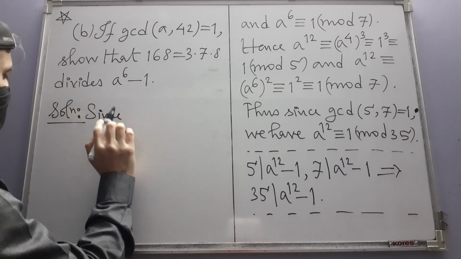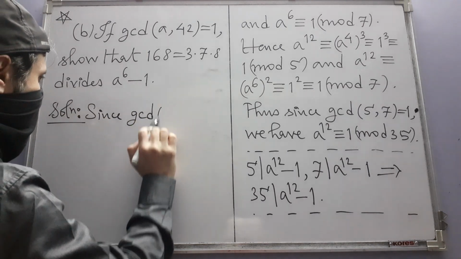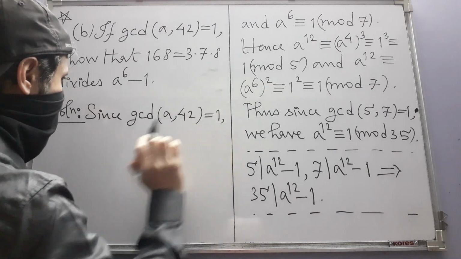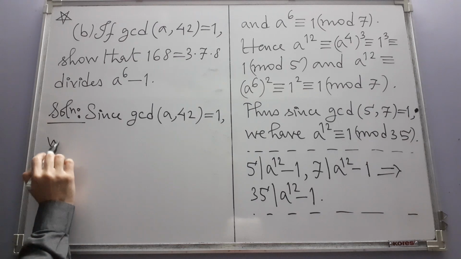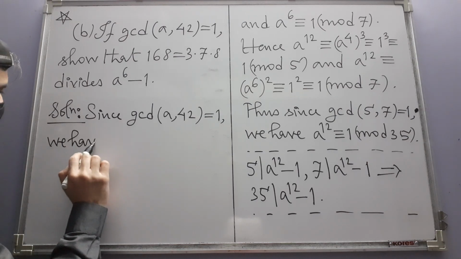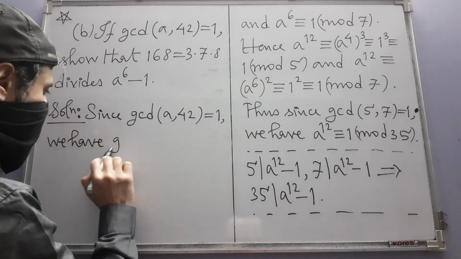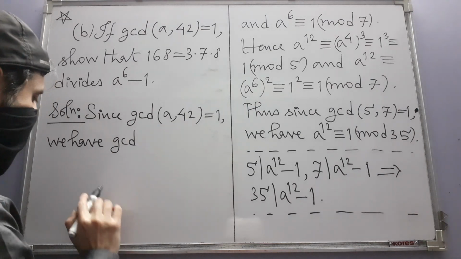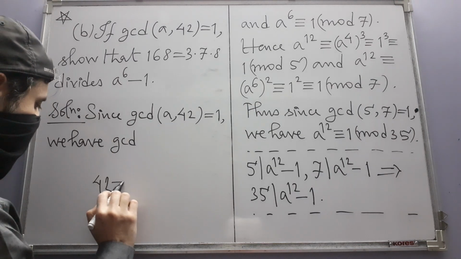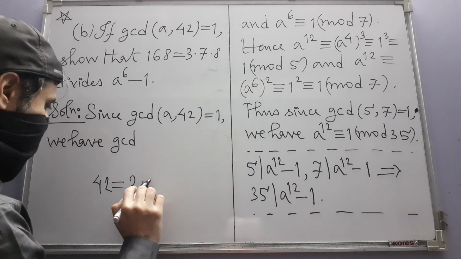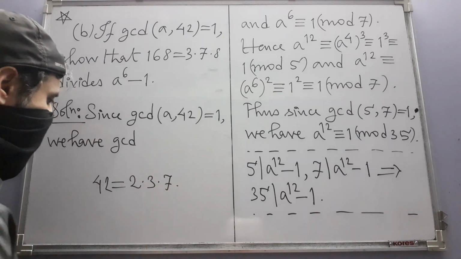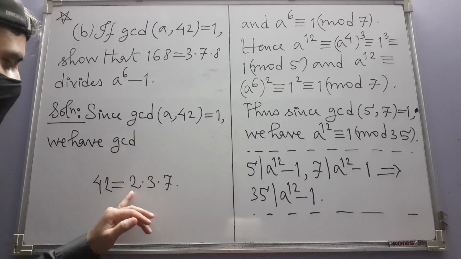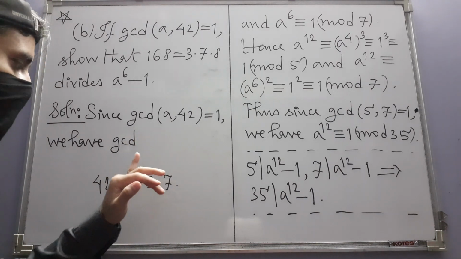Since GCD of A and 42 is 1, we have, okay, now what type of number is 42? If you factorize 42, you get 2 times 21, that means 2 times 3 times 7. So A is relatively prime to 42 means A is relatively prime to 2 and 3 and 7.